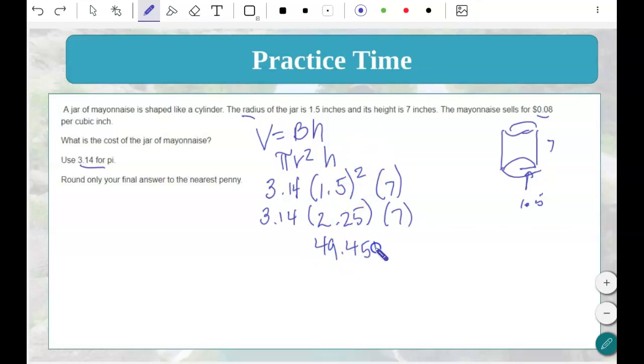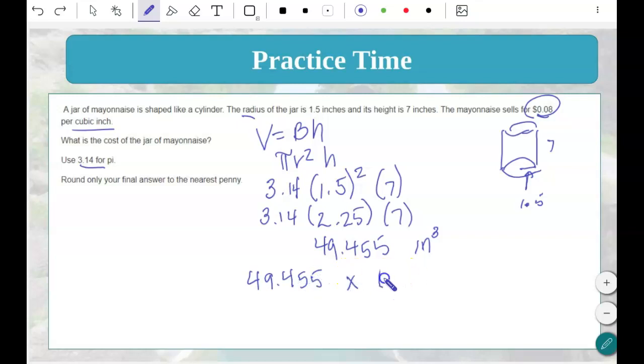Now we find the cost. It says the mayonnaise sells for 8 cents per cubic inch. And the mayonnaise jar has 49.455 cubic inches of mayonnaise. Remember, volume's always cubic units because you're filling it up. So now we're going to take that number and multiply it by 0.08 to find out the cost of the jar.